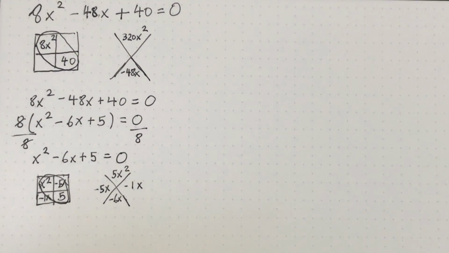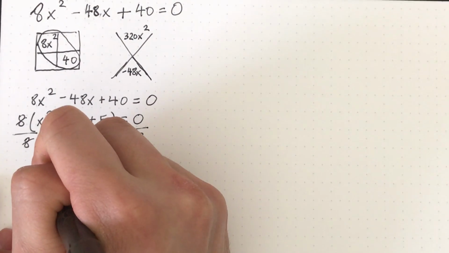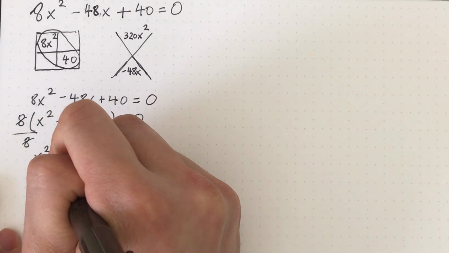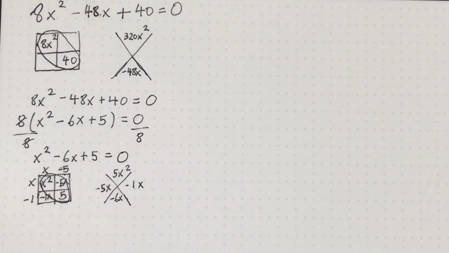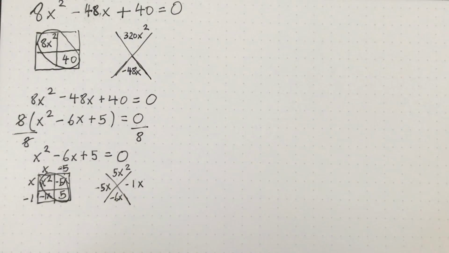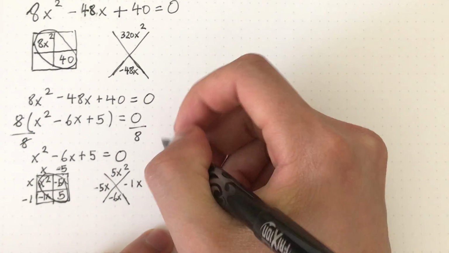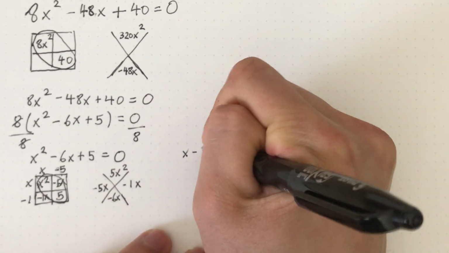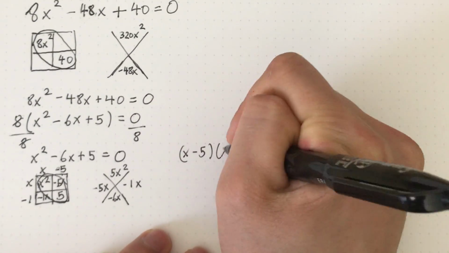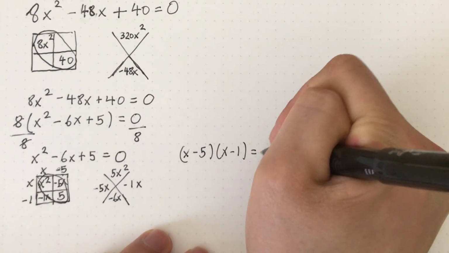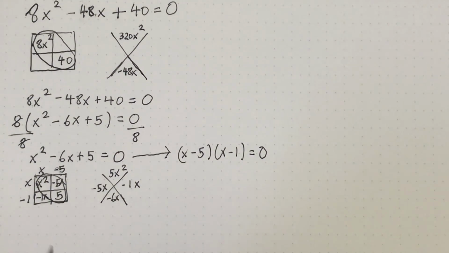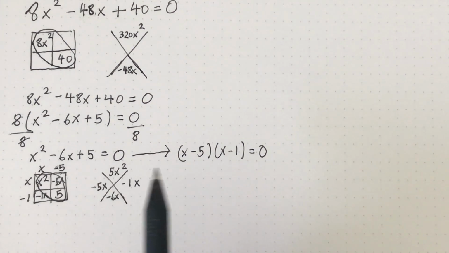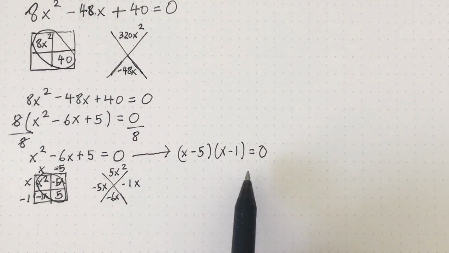Now let's fill in the outside. What times what is x squared? That's x times x. x times negative 5, and x times negative 1. So now we can rewrite x squared minus 6x plus 5 as x minus 5 times x minus 1.